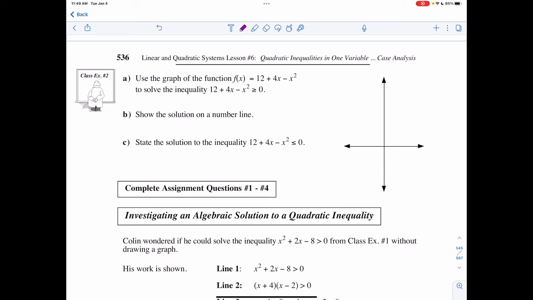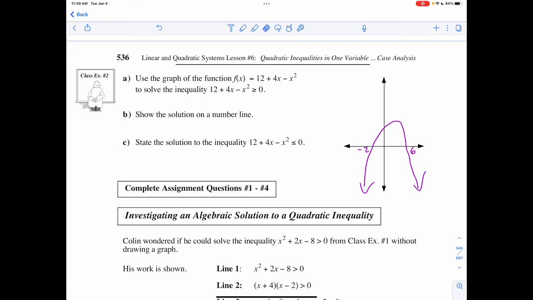So when I graph it out, I'm going to get a quadratic function that's opening downwards, looks something like this. Doesn't have to be perfect. I'm going to have the points of -2 and 6 as my x-intercepts.